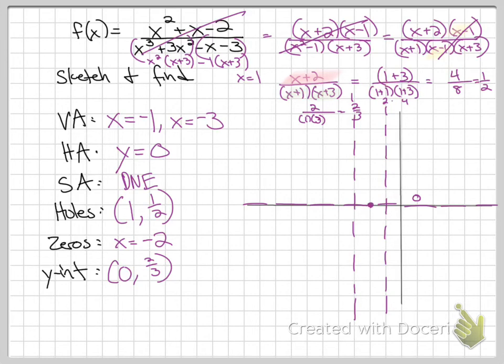And then I have a y-intercept at 0, 2/3. So we know this one's definitely up here. We don't know much else, so you're going to need to make a table and plug in some values. Okay, if you plugged in some values, this should be the general look of the sketch that you get.